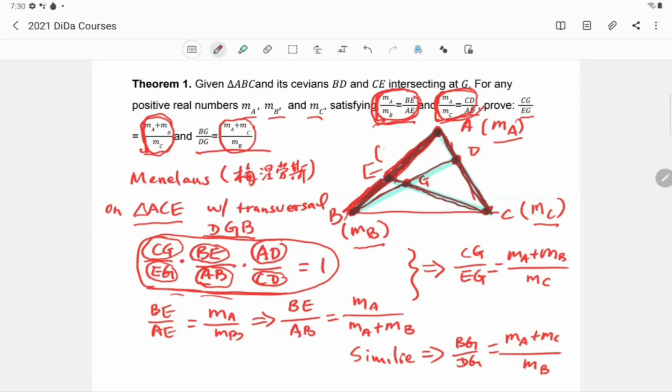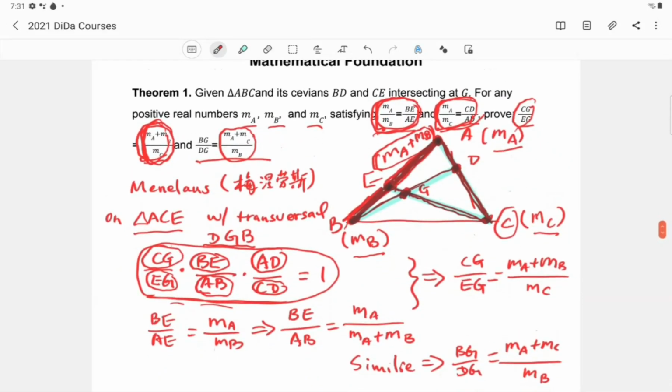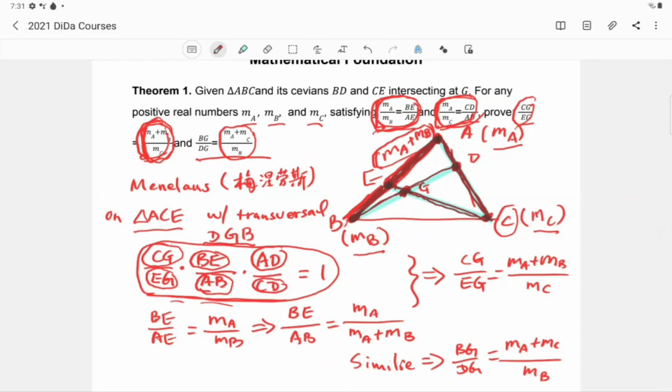Then we say the mass of E is just MA plus MB, and you immediately know the ratio has to be this, according to the mass point geometry method. With the math proof, it is indeed this ratio, basically the inverse ratio of the masses at E and C. So that's the proof, and how it's tied to the mass point geometry method.